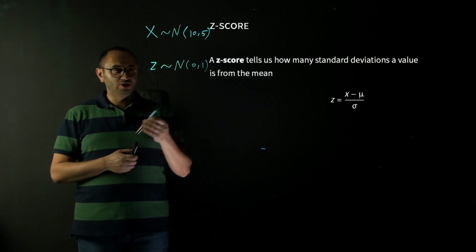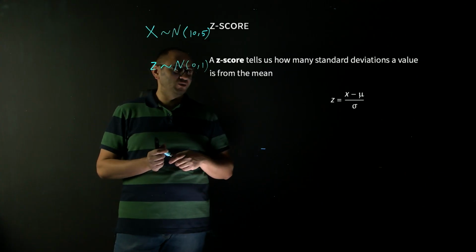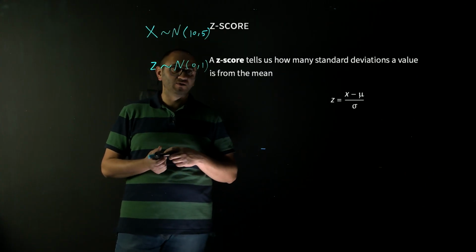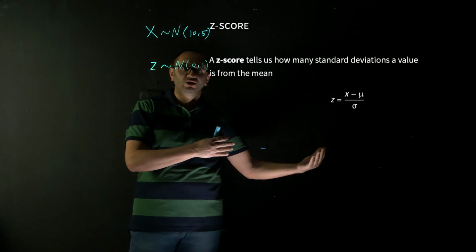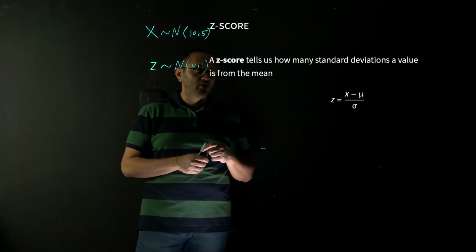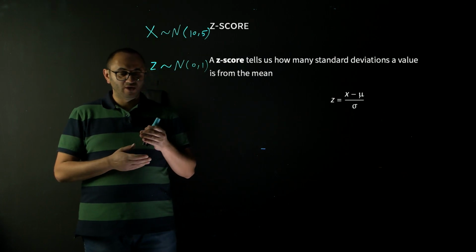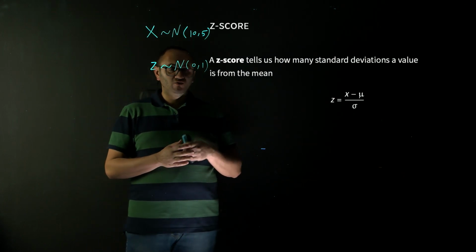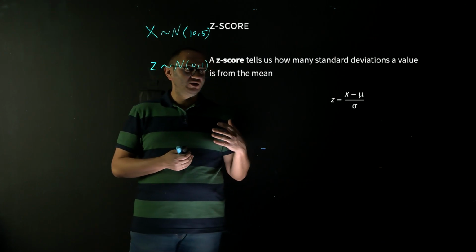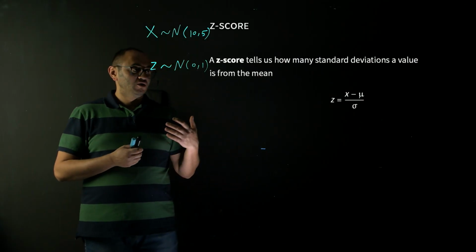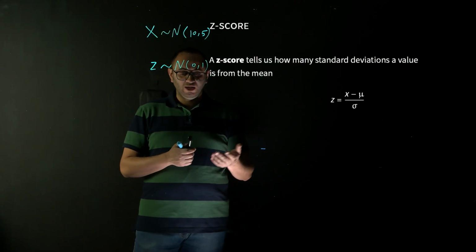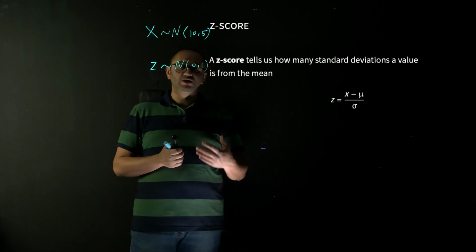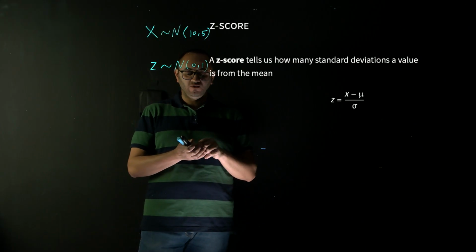All right, so the Z-score, which is given by X minus mu divided by sigma, is used to convert the normal distribution to a standard normal distribution. Now the value of the Z-score tells us how many standard deviations we are from the mean. For example, Z equals 1 means we are 1 standard deviation from the mean.